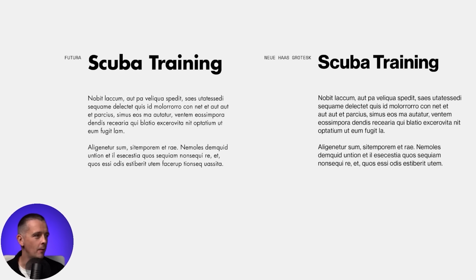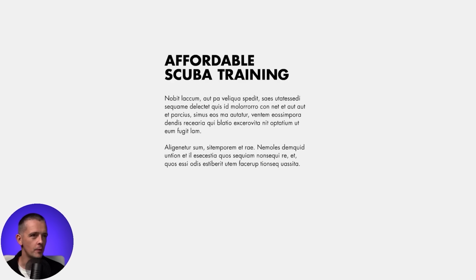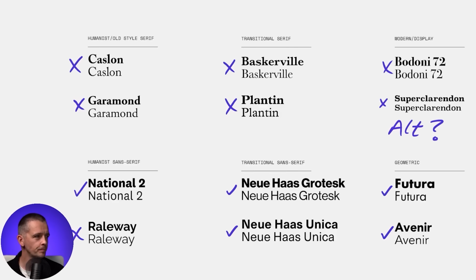And then think about where we're going to diverge from that and mess with the typesetting. So what about if we felt Futura maybe works better, and then we'll try typesetting the headlines in all caps, in the bold weight. So you maybe lay some of these out and just see if your go-to typefaces can answer the brief. I mentioned that perhaps an alternative could work for this display font for this scuba brief.